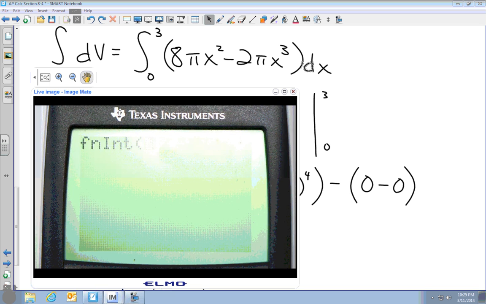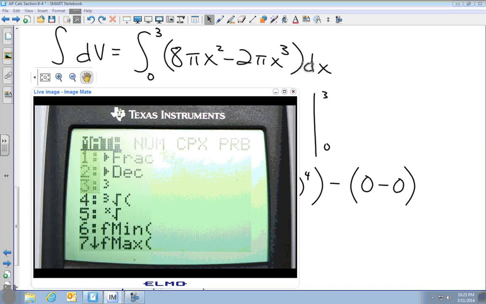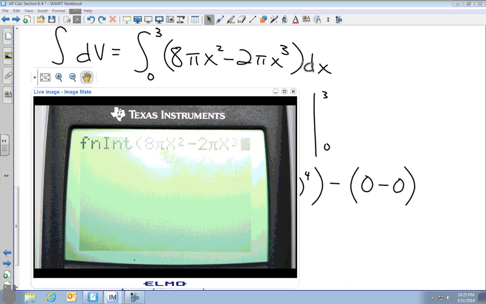And then punch in our equation, which is 8 pi times x to the 2nd power minus 2 pi times x to the 3rd power. And our variable is x, that's the second parameter. And then our lower bound is 0, and our upper bound is 3. Those are the 4 parameters we have to specify there. And we can let it crunch a solution for us.